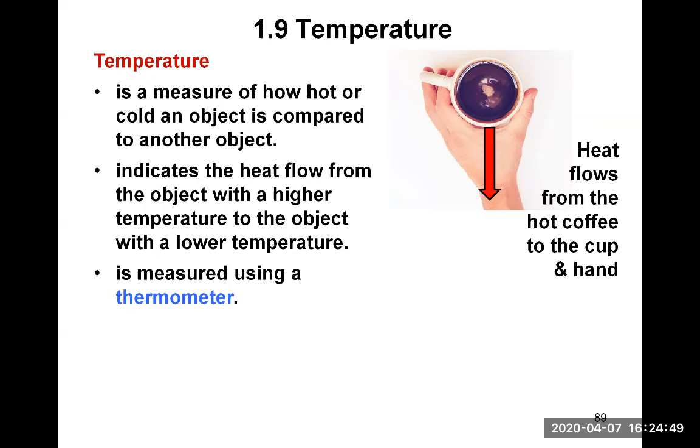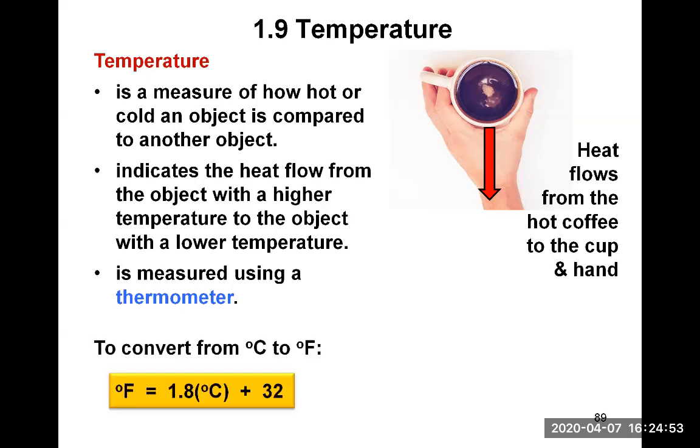Temperature is measured using a thermometer. And so you're probably familiar with the equations that can convert temperature from degrees Celsius to degrees Fahrenheit. If you have a temperature in degrees Celsius and you want to know what it is in degrees Fahrenheit, you would use this equation that says degrees Fahrenheit are equal to 1.8 times the temperature in degrees Celsius plus 32.